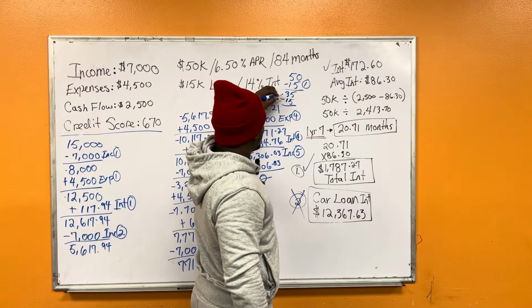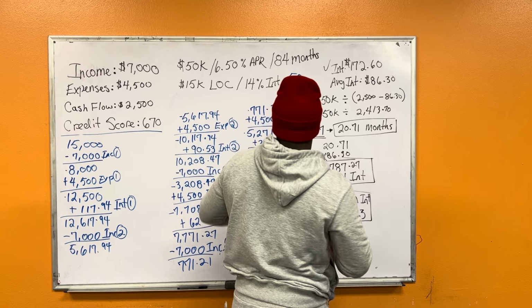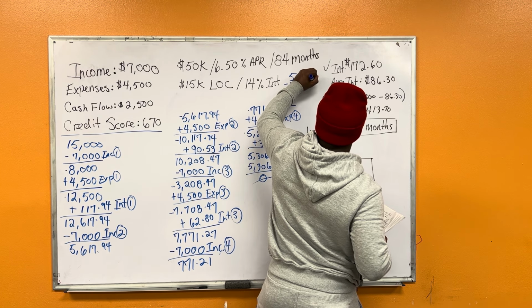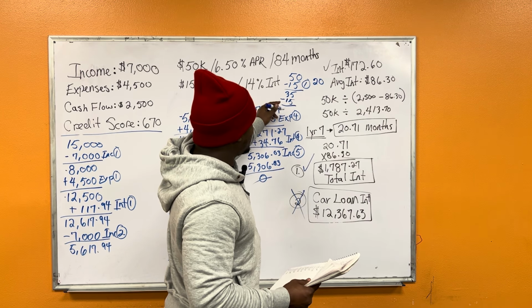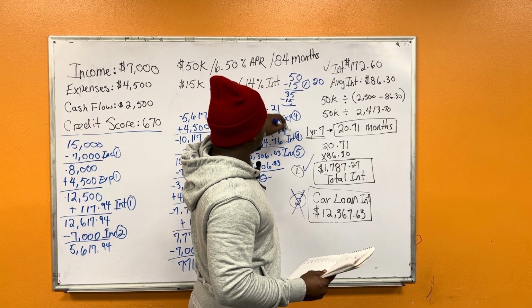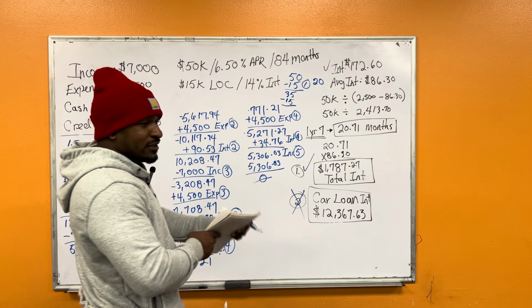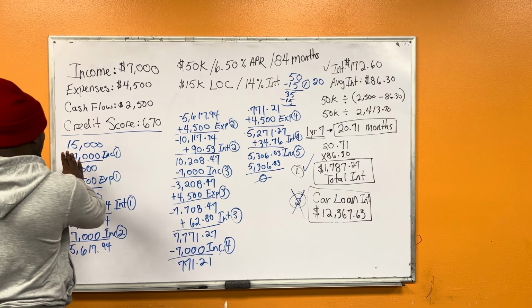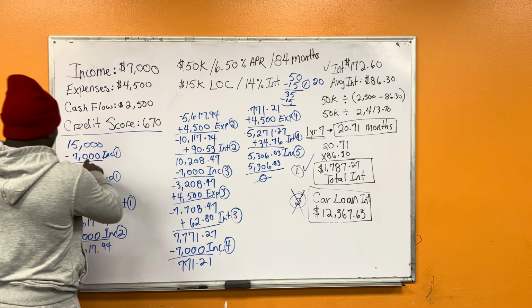Now you're going to go from 35 to 20, 35 minus 15 is 20. Then we go back to square one and do it again.